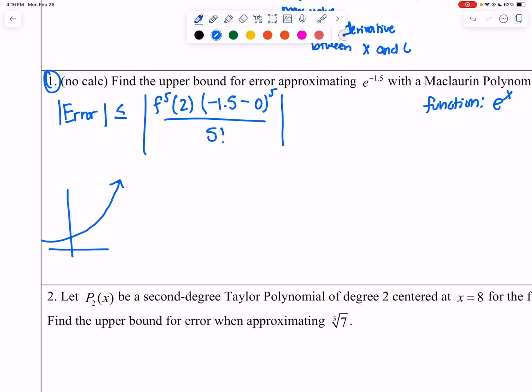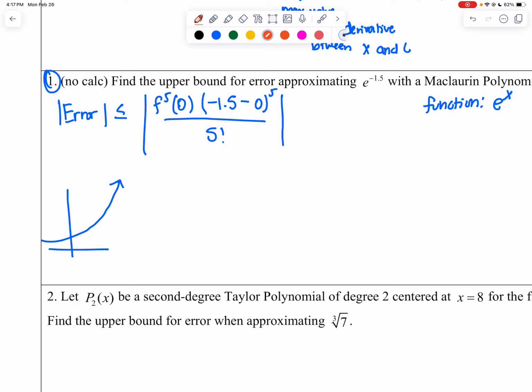Now, the reason why I drew the graph is so that we could visualize where negative 1.5 is and where 0 is. Because remember that I want to find the maximum value for this right here. Notice how negative 1.5 is right here, and then 0 is right here. So my maximum value is going to be at 0. So now, instead of z, I know that that value is going to be 0. And my fifth derivative at 0 is just going to be 1.